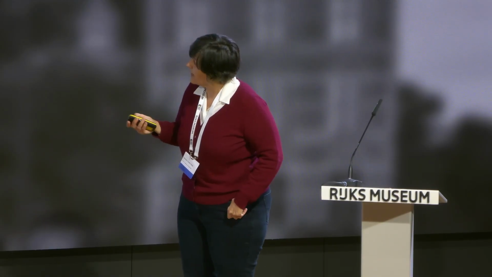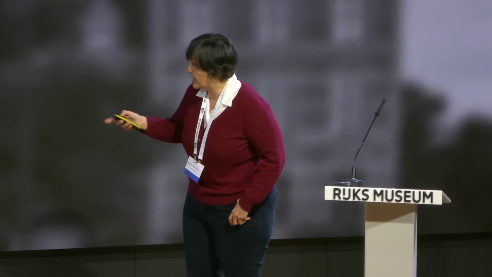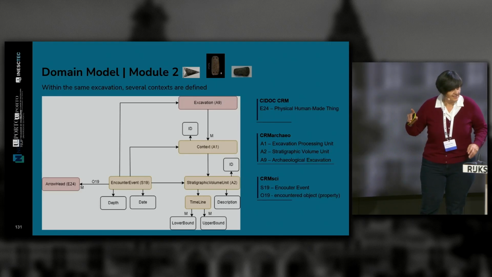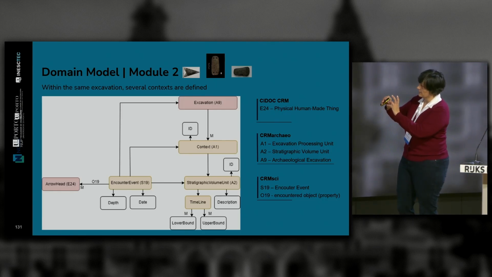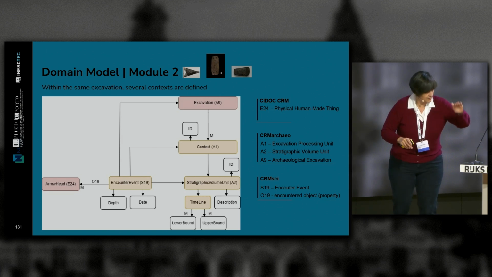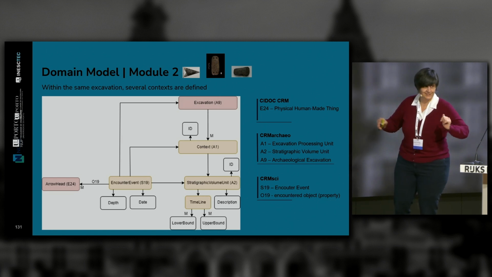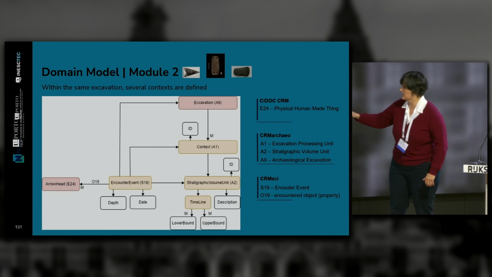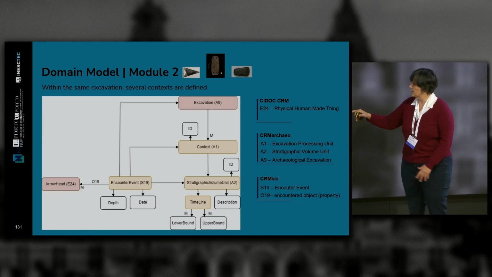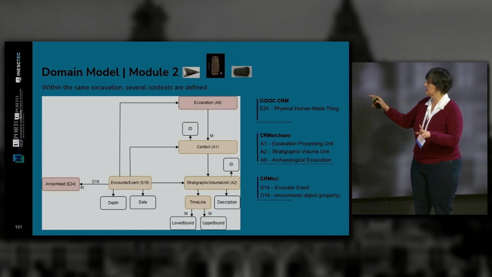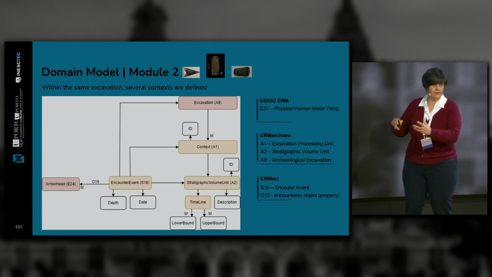Anyway, then we have module 2 where we can define the contexts we have, every context with the levels, stratigraphic volume unit, and then we can define timelines, and then we have encounter events.